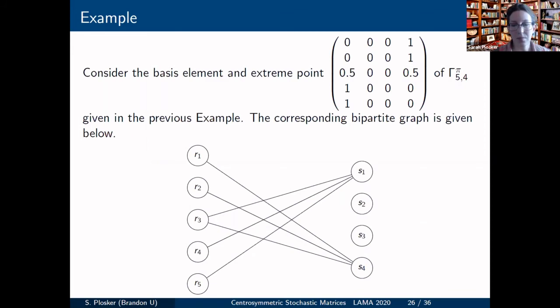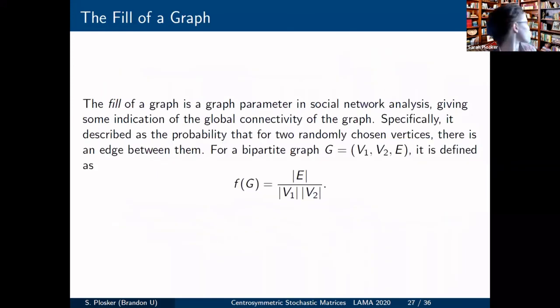So with these graphs, one thing that we did was we looked at this graph parameter called the fill of a graph. It comes up quite a bit in social network analysis, so it gives some indication of global connectivity of a graph, and it can be defined for general graphs, but specifically for a bipartite graph, it has this formula here.